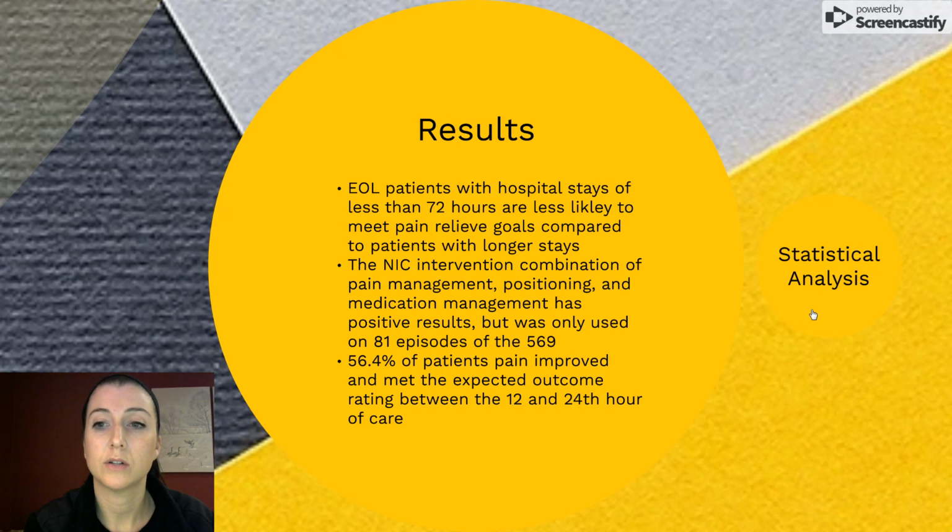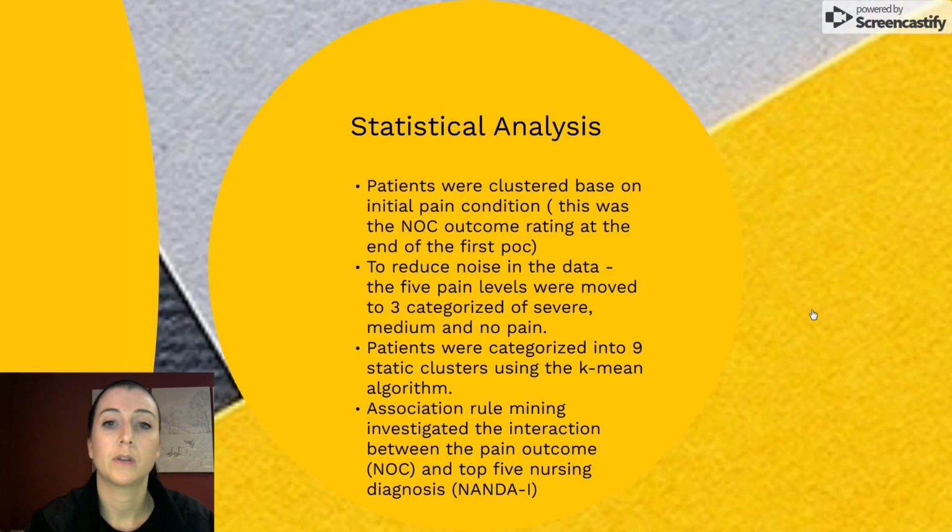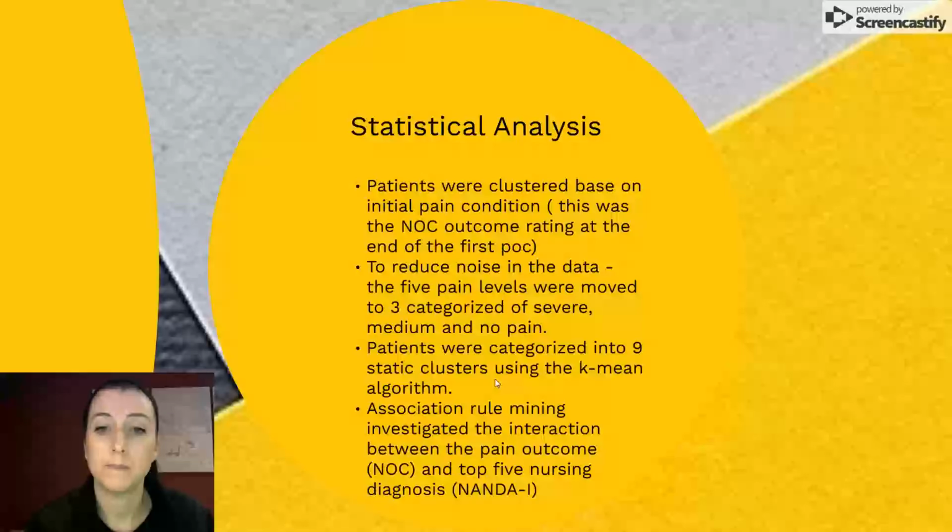The statistical analysis of this study was that patients were clustered based on the initial pain condition. This was the NOC outcome rating at the end of the first plan of care that we had talked about earlier. To reduce the noise in the data, the 5 pain levels were categorized into 3: severe, medium, and no pain.